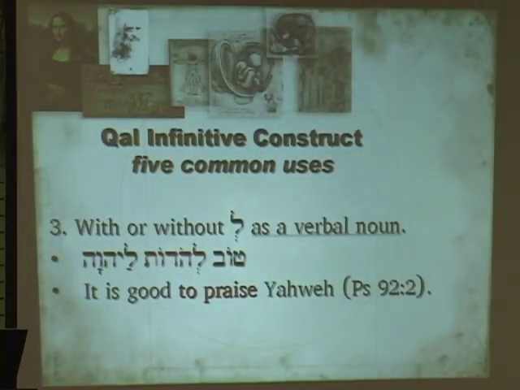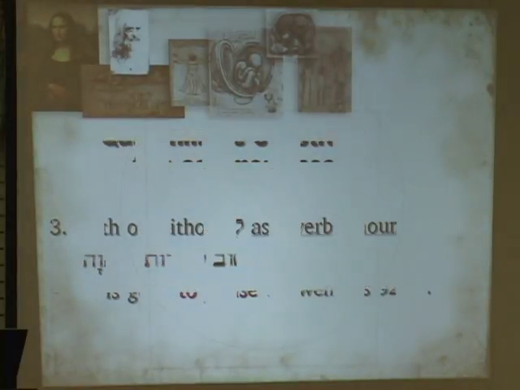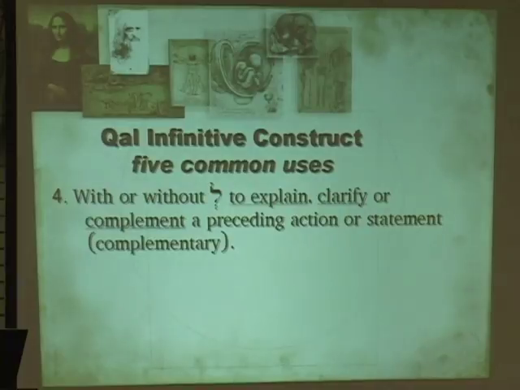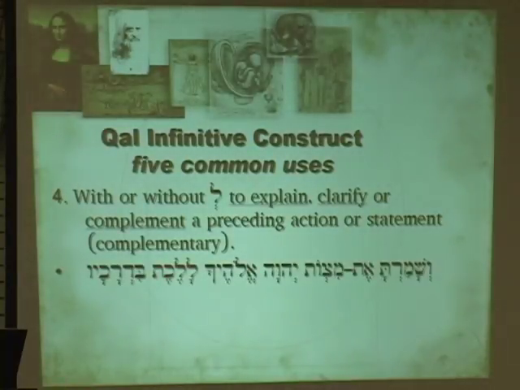There's nothing else that should trigger any other discussions. The fourth use also could be with or without le. It's used to explain, clarify, or complement a preceding action or statement. So it is used as a complementary infinitive.